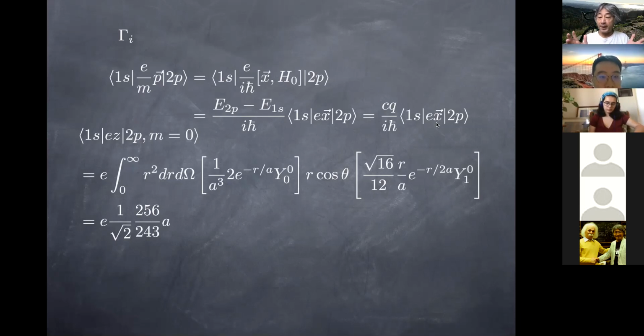Which you can verify explicitly by sticking it into this integral. But you know ahead of time from symmetry of the system that the x and y components do vanish. So the only thing that remains to be computed then is the z component.